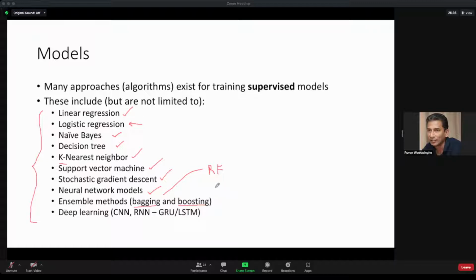So bagging and boosting, if you feel that you don't have a good handle of ensemble, please respond in the discussion thread and we can discuss that a bit, right? The difference between bagging and boosting. So random forest is not the only way to do bootstrap aggregation or bagging, but it's the most common algorithm, right?